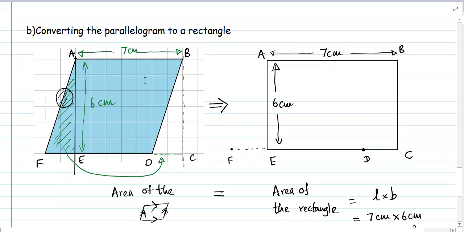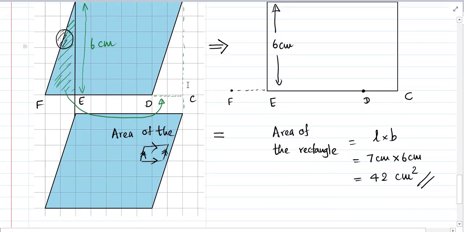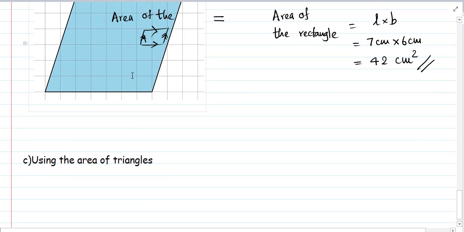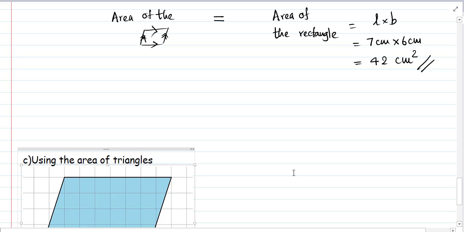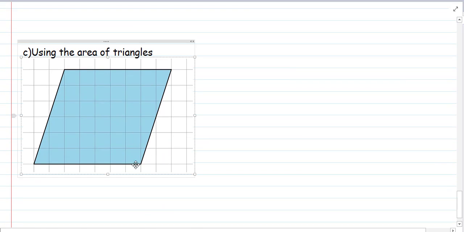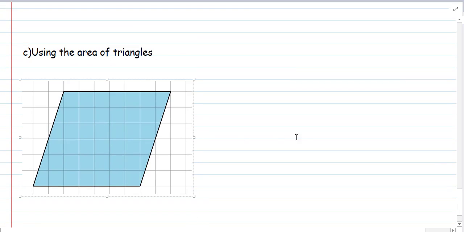Now let's try to find another way to calculate the area of a parallelogram. That is using the area of triangles. So in this technique I am going to split this parallelogram into two triangles.